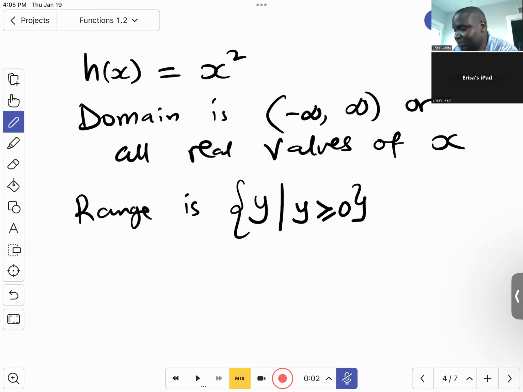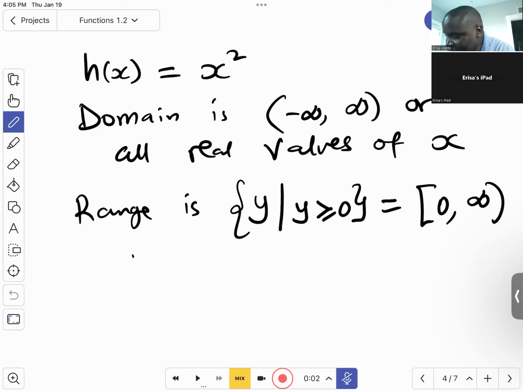The set we are talking about here is the set from 0 up to infinity. One value is included, the lower limit is included, but the upper limit is not included here. So it is half open and half closed.